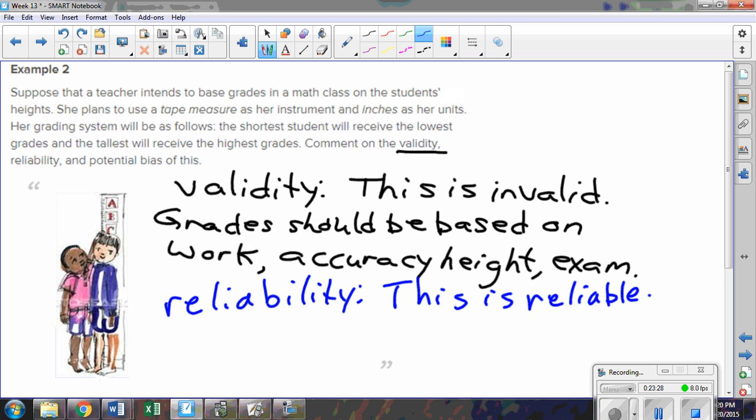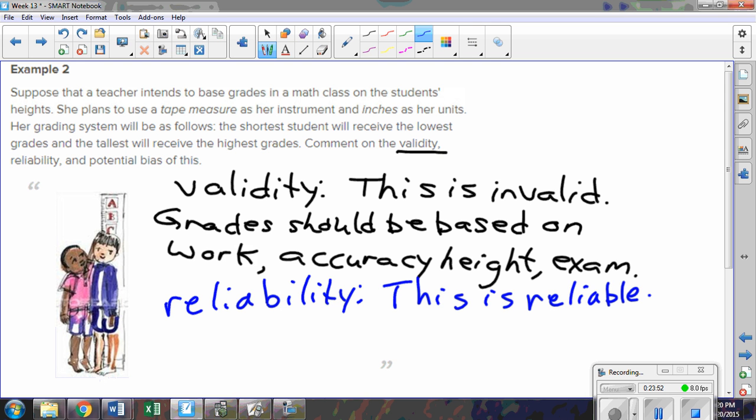Because if we measure your height today, Radea, we'll get what, 5'3"? And if we measure your height tomorrow, are we going to suddenly get 6 foot? Nope. If we measure your height 2 weeks from now, are we going to get 4 foot? No. Every day we measure, we're going to get the same result over and over and over.